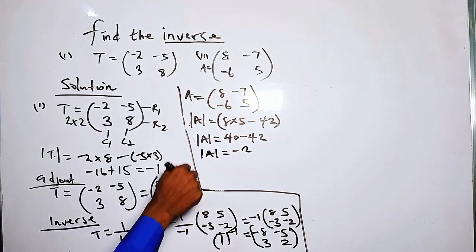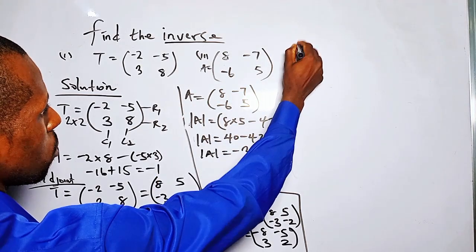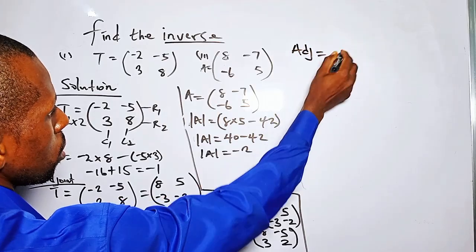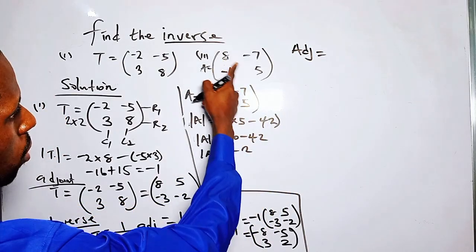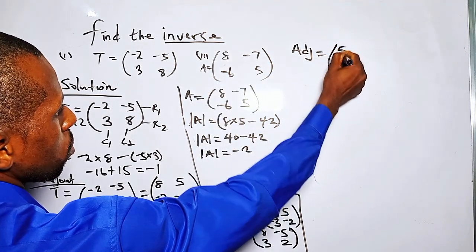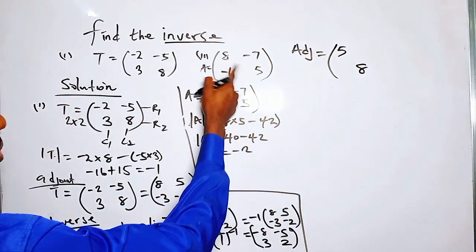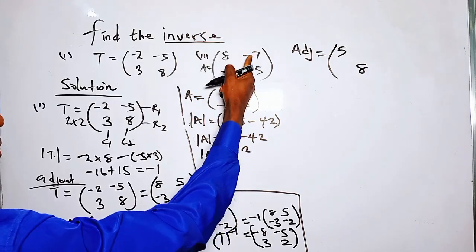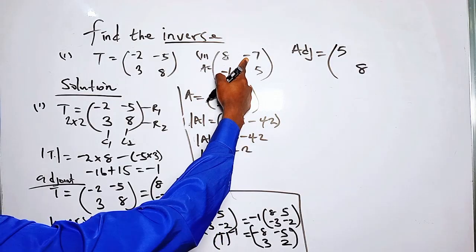The next thing is to determine the adjoint. For the adjoint of matrix A, we interchange the positions, so we have 5 and 8. For the other diagonal, we take the opposite of the signs.